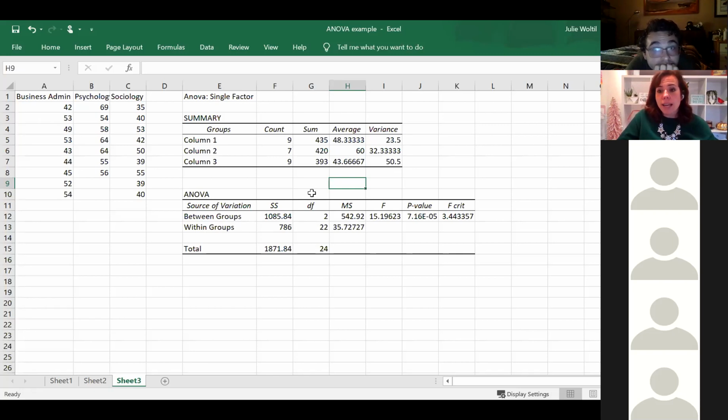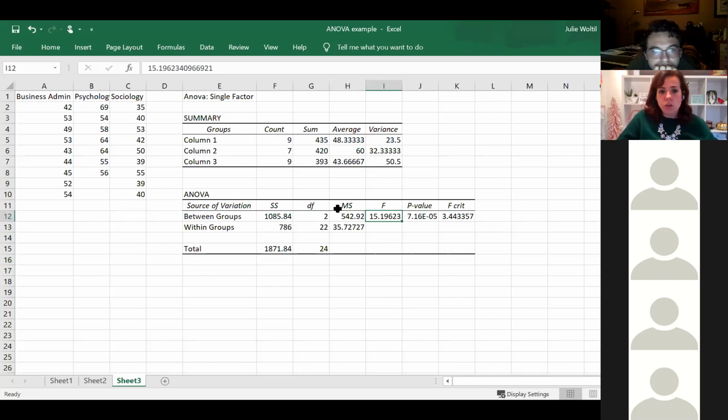I need you guys to know, again, degrees of freedom, right? One is the difference, the number of groups minus 1. The other one is the total sample minus the number of groups. That's how we get 22. You then figure out the ratio between those two. Again, 1085 divided by 2, 786 divided by 22. You then divide these two values, which is how you get your F statistic.